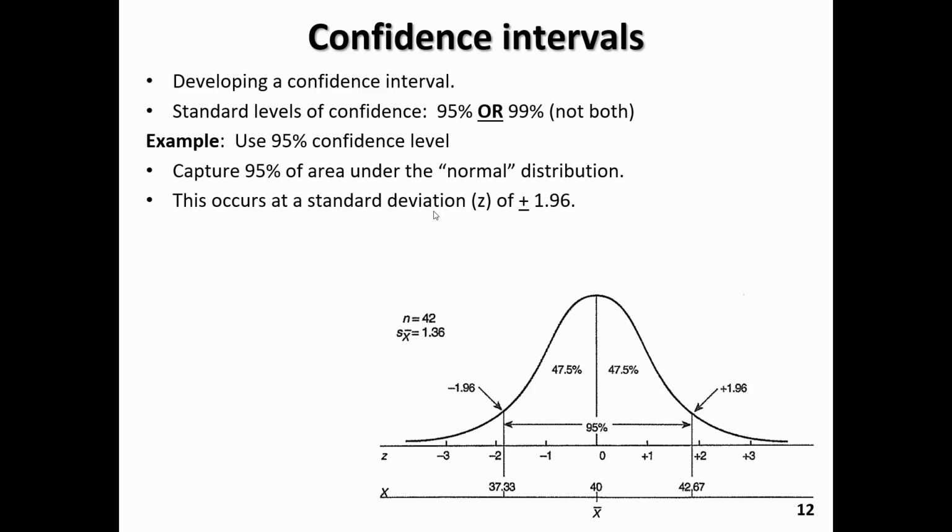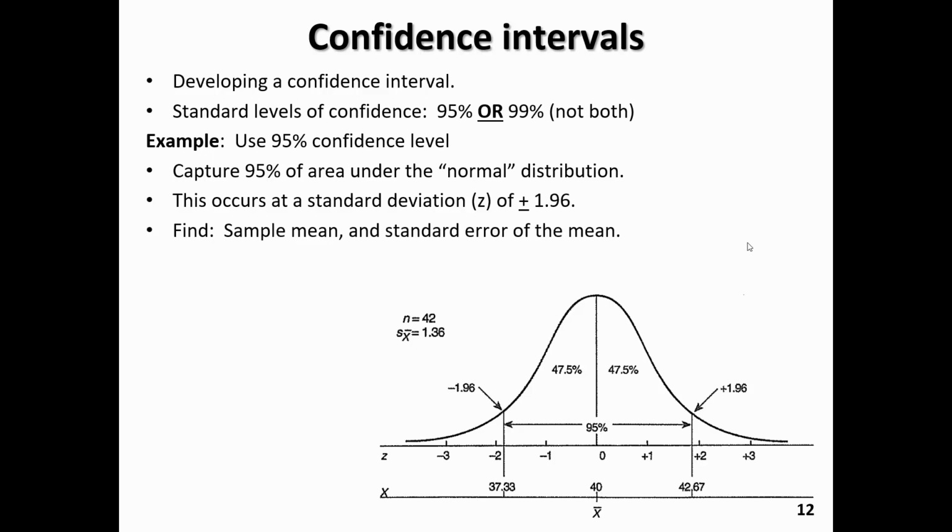That occurs when the Z value is plus minus 1.96. So almost two standard deviations, as you can see illustrated on the graph below, negative 1.96 Z to plus 1.96 Z, and collectively under the normal curve, that captures 95% of the population. In our confidence interval, we would be 95% confident that, based upon the sample data, the population average would reside within that range.